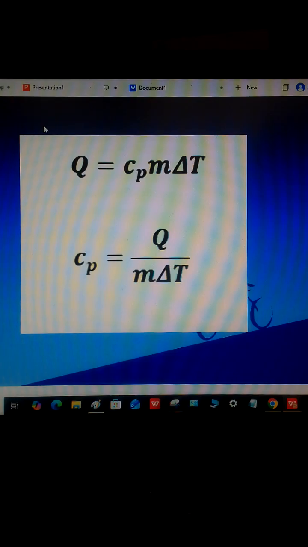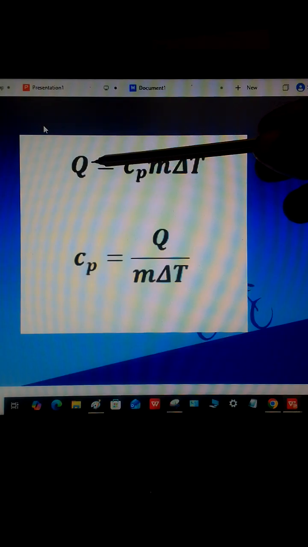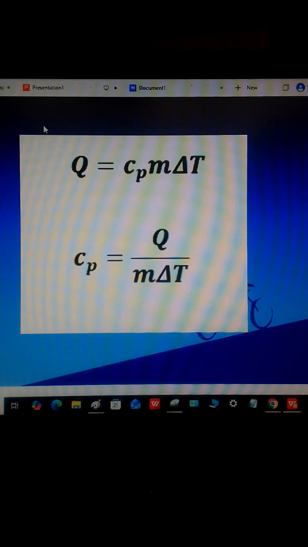To find the quantity of heat energy released or absorbed, we use the following formula, that Q is equal to Cp times M times delta T, where Q is the quantity of heat energy that is released or absorbed, and Cp is the specific heat capacity of that substance, M is the mass of the substance, and delta T is the change in temperature.